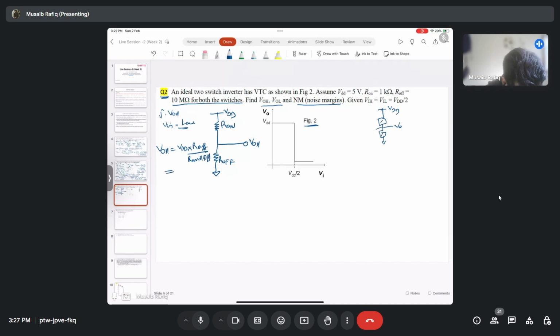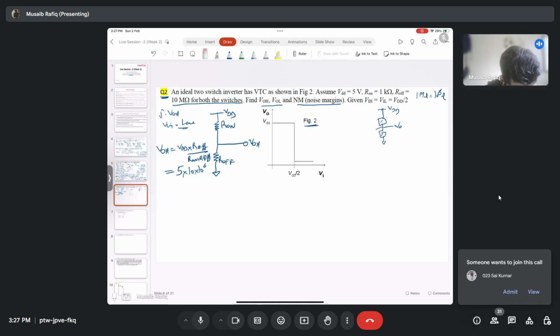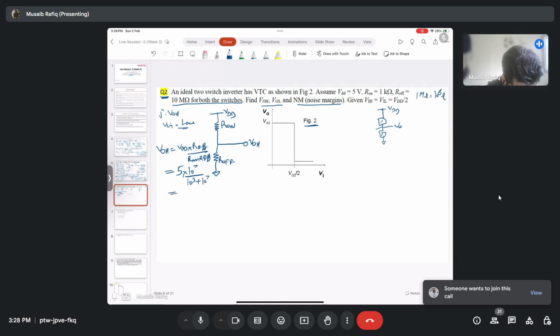Once I plug in the values, VDD is equal to 5, R off is 10 mega ohm. 1 mega ohm is 10 raised to power 6 ohms, so 10 into 10 raised to power 6 is 10 raised to power 7. Just write directly 10 raised to power 7 divided by 10 raised to power 3, because 1 kilo ohm is 10 raised to power 3. Once you do the maths, it comes out to be 4.995 volts, which is approximately equal to 5 volts.